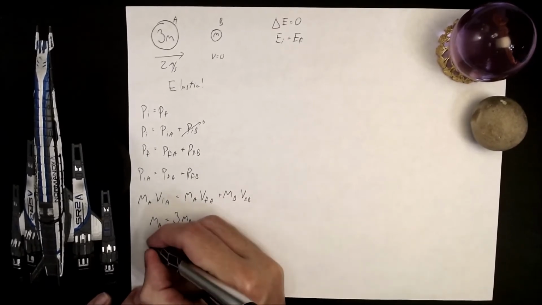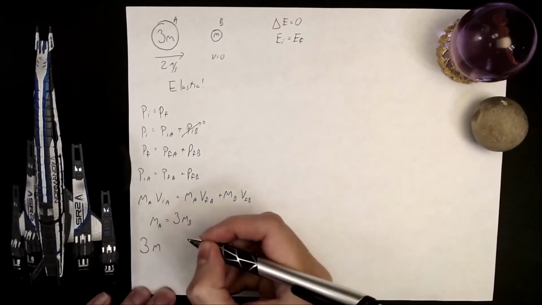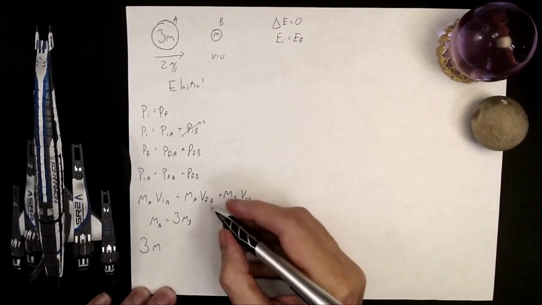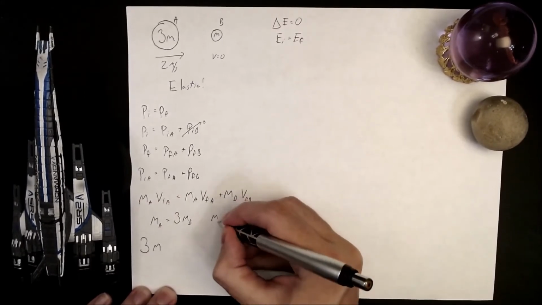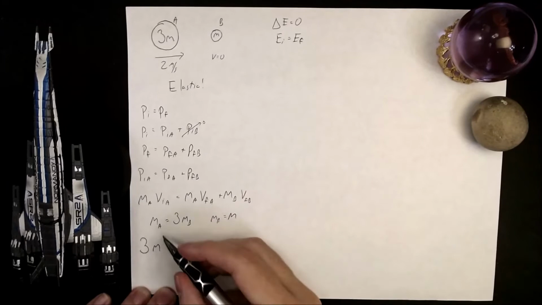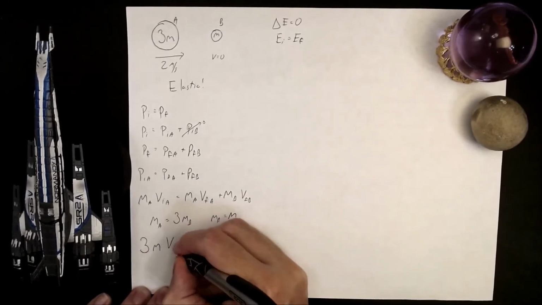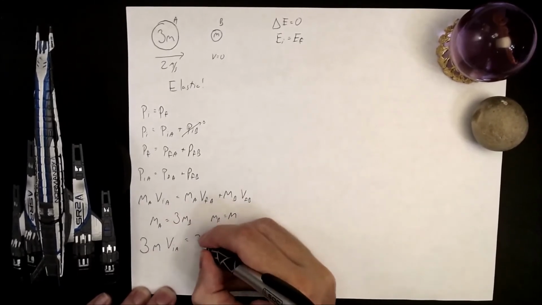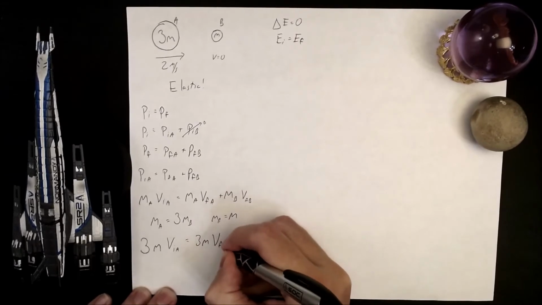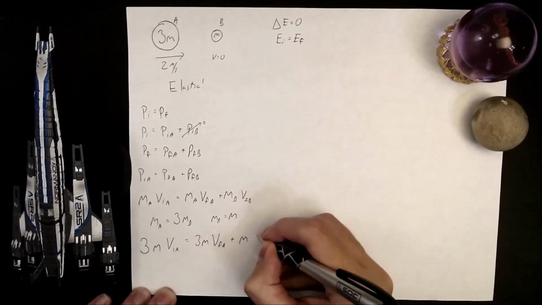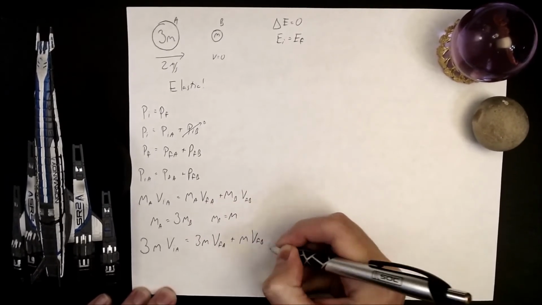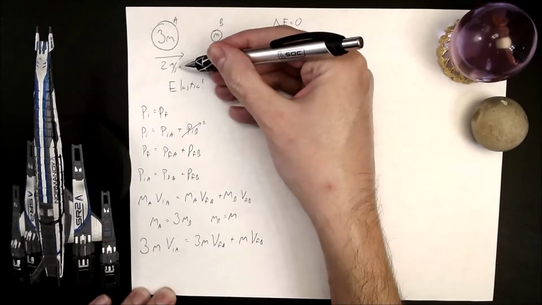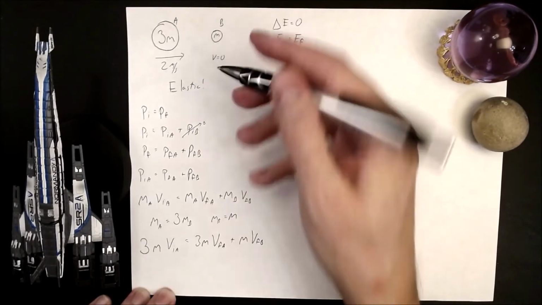And so we've got 3m, I'm going to just call it 3m, replace the mB's with m's. 3m v initial A is equal to 3m v final A plus m v final B. And one last thing, I can replace the v initial A with 2 meters per second.